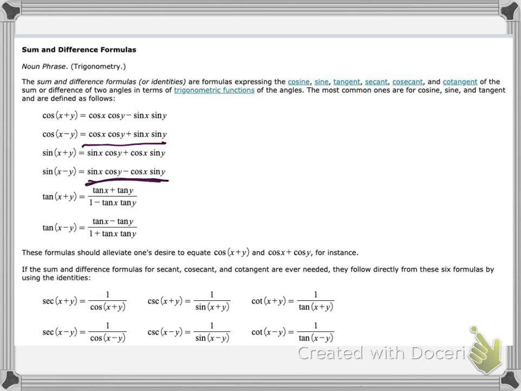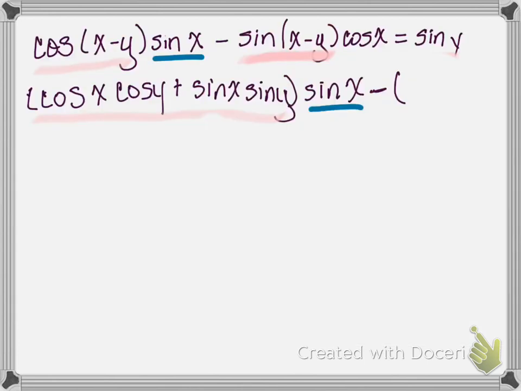So this is what I'm substituting right here. So I am going to say minus sine x times cosine y minus cosine x times sine y.